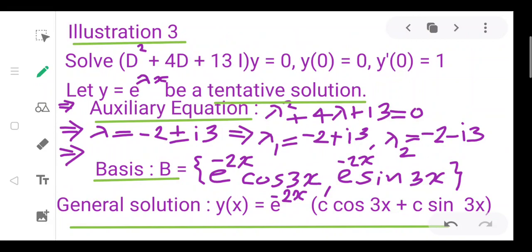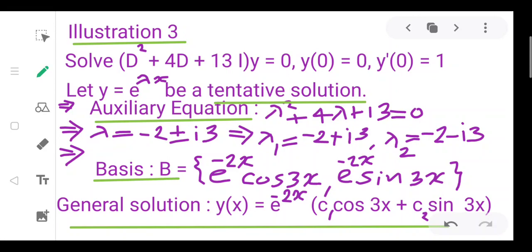So the roots are complex conjugates, which means the corresponding basis will be e raised to minus 2x cos 3x, and the second one is e raised to minus 2x sin 3x. Now the corresponding general solution will be y of x equal to e raised to minus 2x times c1 cos 3x plus c2 sin 3x, where c1 and c2 are arbitrary constants.